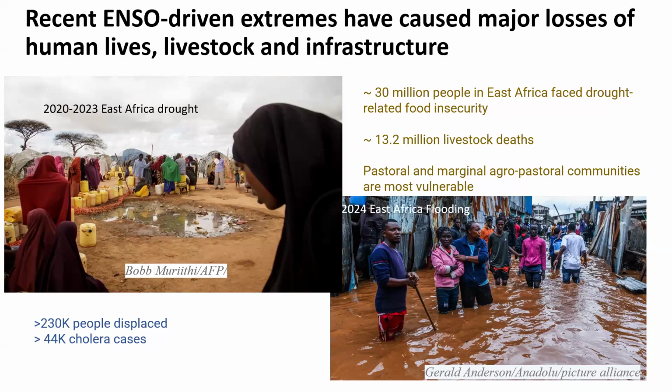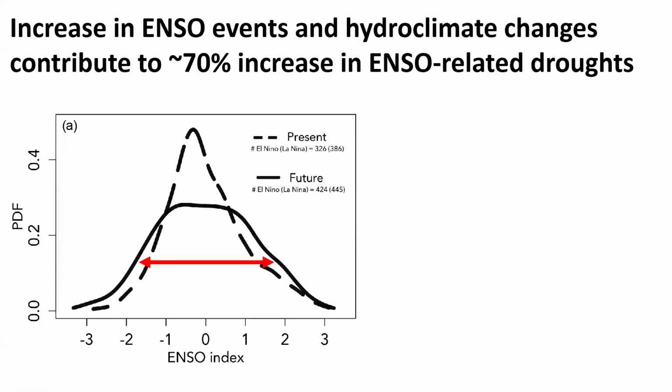There were many communities that were completely cut off because roads and infrastructure were damaged. And so this region has experienced this kind of whiplash from dry conditions to extremely wet conditions, and these are impacting communities in the region.